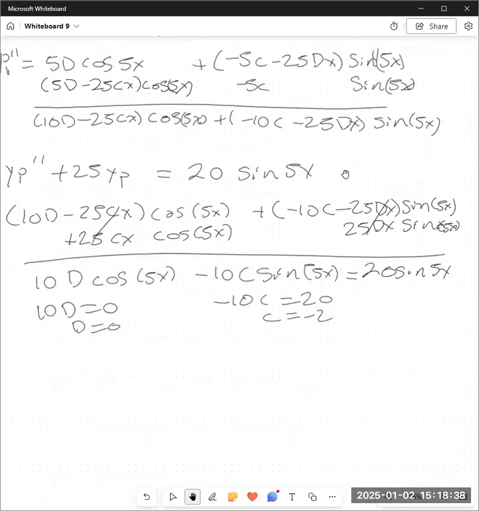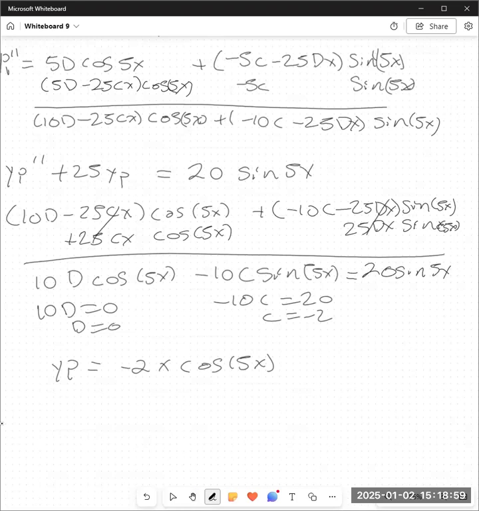That tells me that my yp is equal to negative 2x cosine of 5x plus nothing for my x sine 5x piece. So my complete solution here is c1 cosine of 5x plus c2 sine of 5x minus 2x cosine of 5x.